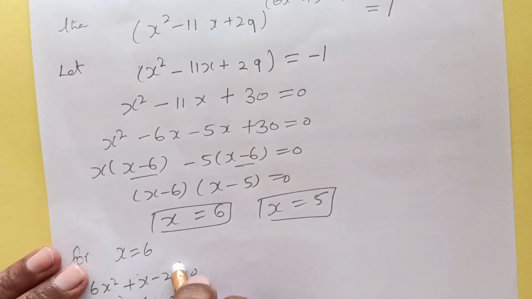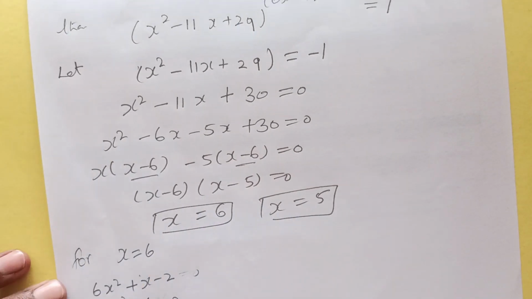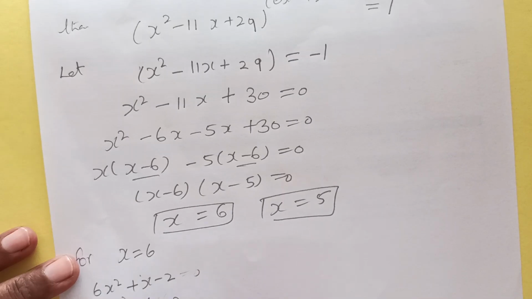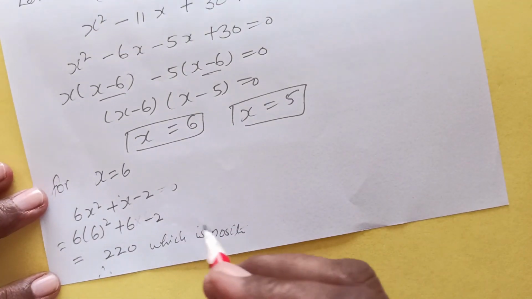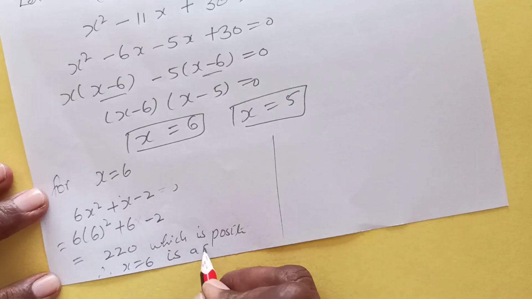So we are not making it 0, actually we are trying to see the value, right? So this is 220, which is positive, so therefore x equals to 6 is a solution, right?